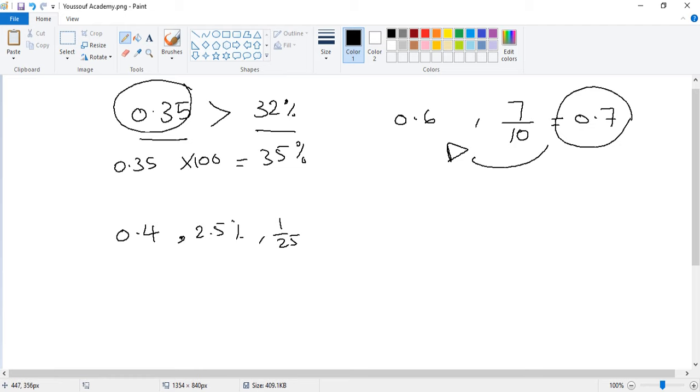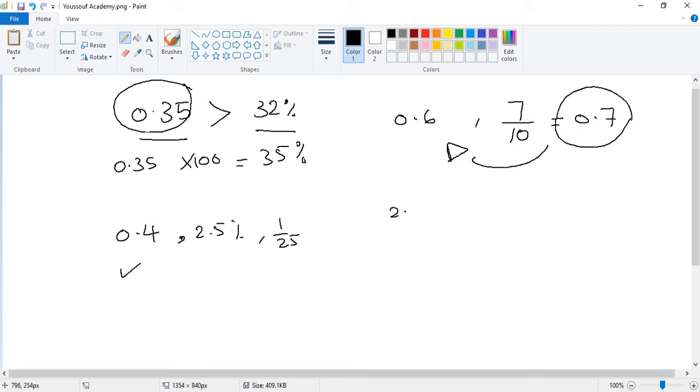And he asked to put all of these in order, from the smallest to the highest. We need to put them either to decimal or to percentage or to fraction. The best way is to put them to decimal. This one already is decimal.